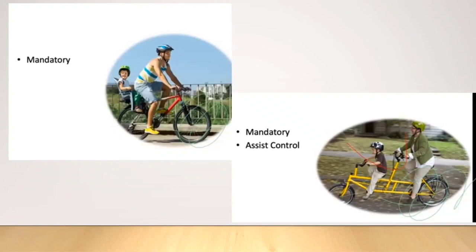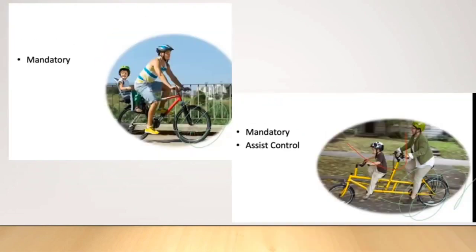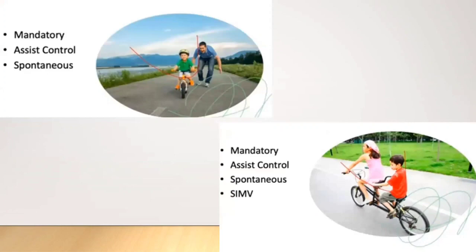That is, the ventilator will assist the breaths of the patient, and if the patient does not take a breath, the ventilator will give a breath. That is assist control. In assist control mode there is less work, but there is chance of hyperventilation because all breaths are supported. So this is about assist control mode.